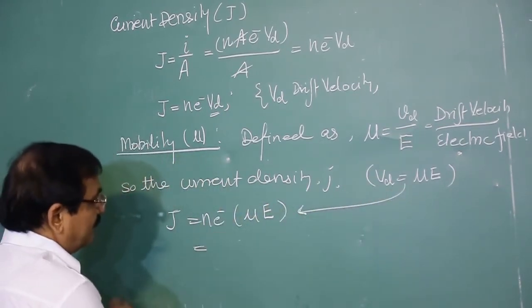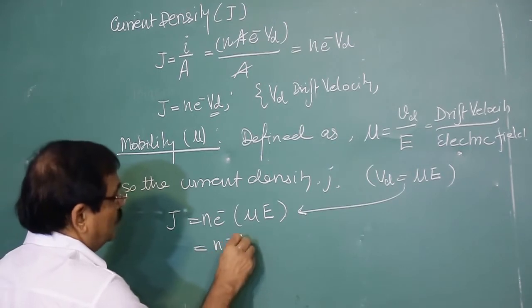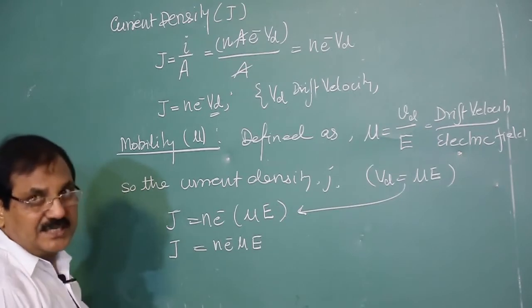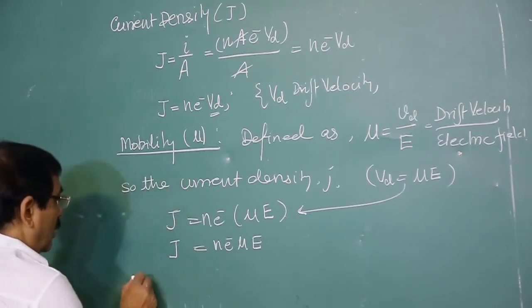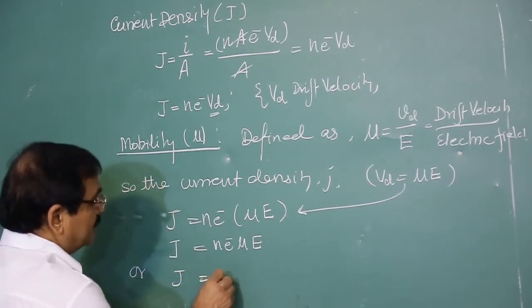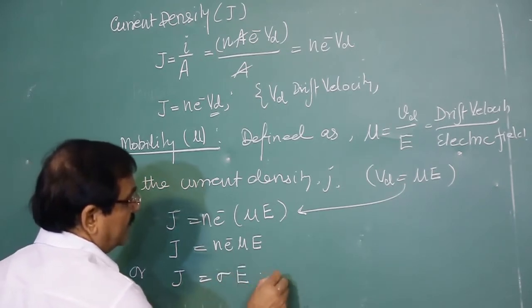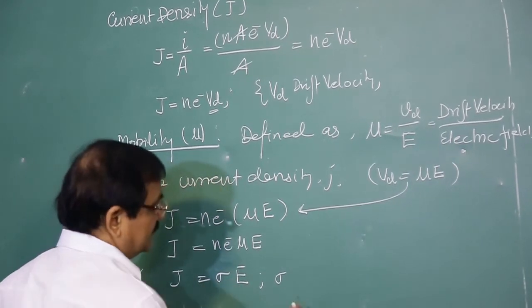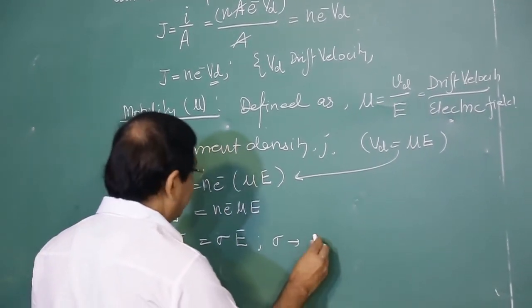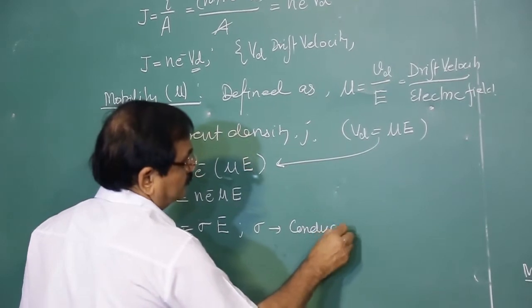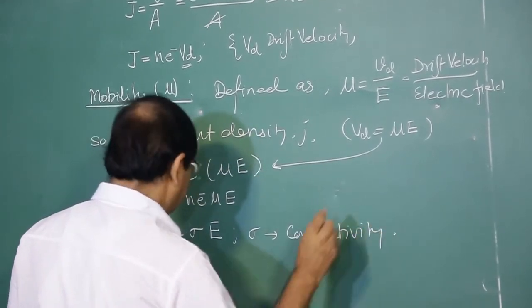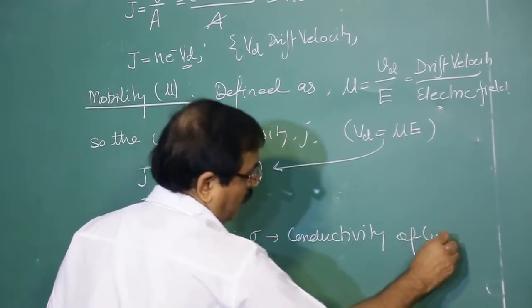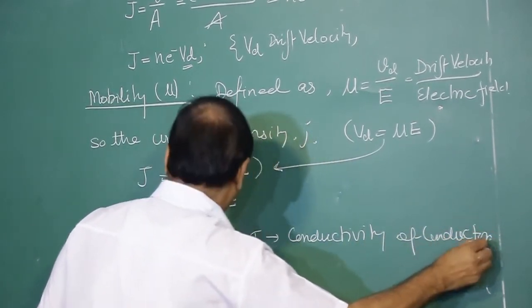So what we find, this n e mu E is J, or we also have J equal to sigma into E, where sigma is the conductivity of the conductor.